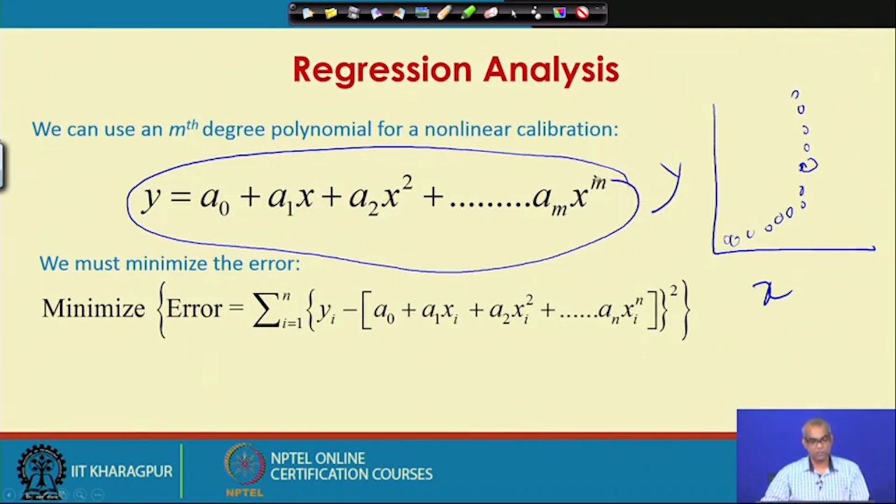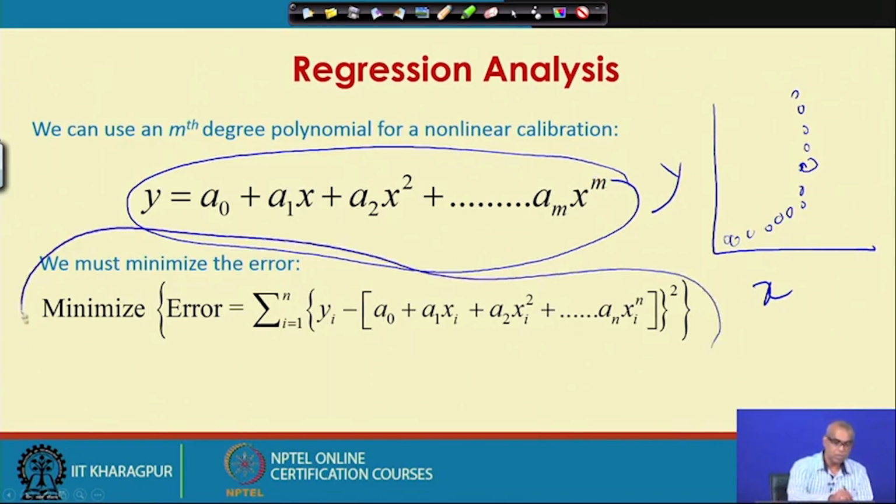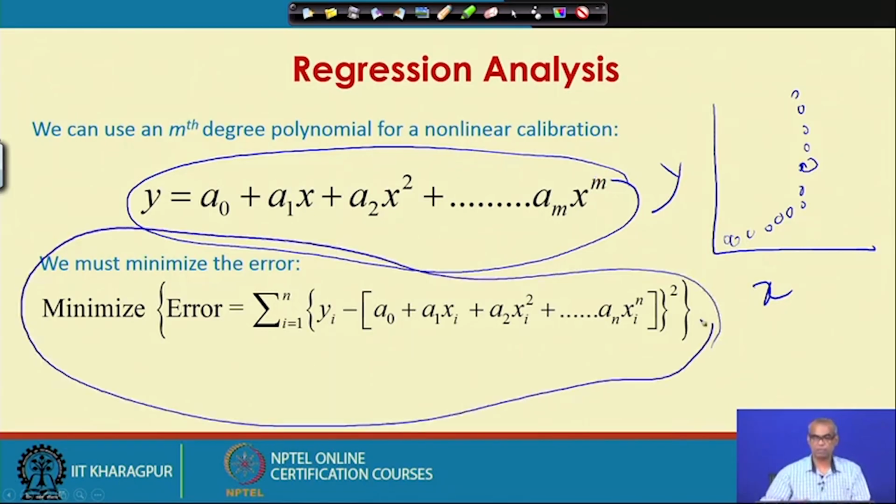similar to linear regression. In this case also we must minimize this error and again take the derivative of this error with respect to these parameters and set those derivatives equal to 0, and the obtained equations will be solved simultaneously to find out the values of the parameters.